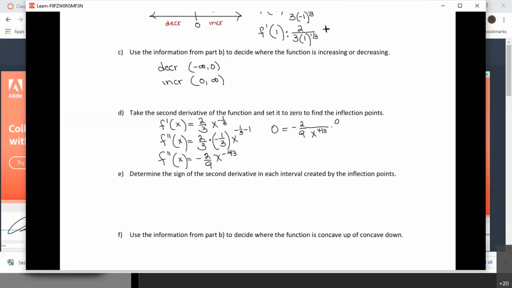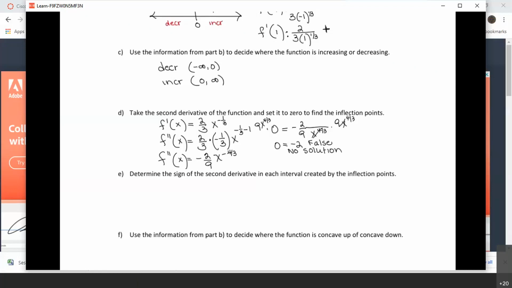If I do the same thing I did before, you're going to get 0 equals -2, which is false. So no solution. Again, you can see you have an undefined spot in your second derivative at 0 as well.